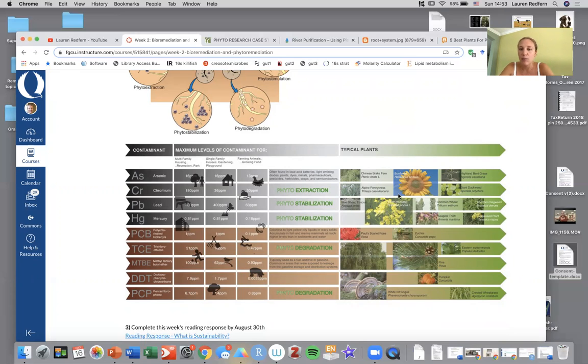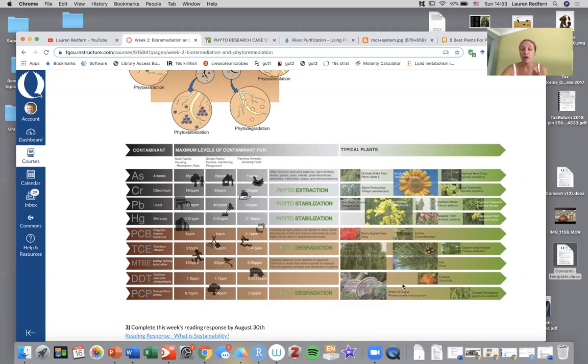And I like this table because it kind of shows, if you had a site with arsenic, you could use a sunflower or a Chinese fern. If you had TCE, you could use a pine tree or a willow tree or a poplar. If you had PCP, mushrooms work well, wheatgrass.